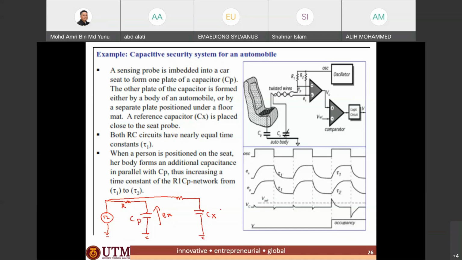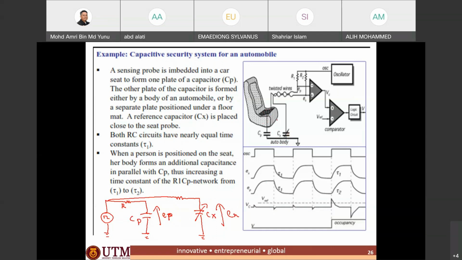The output of this is EX. Basically CX is a variable capacitor.